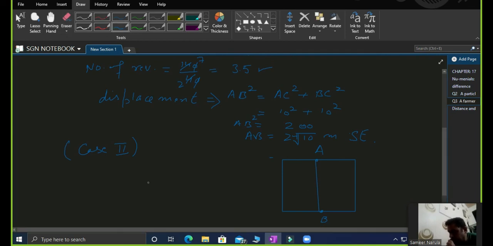This is the side equal to the side of this square. This is your 10 meter. So obviously that would be also 10 meter. So the displacement is nothing else than 10 meter. And the direction that you want to see is towards south.